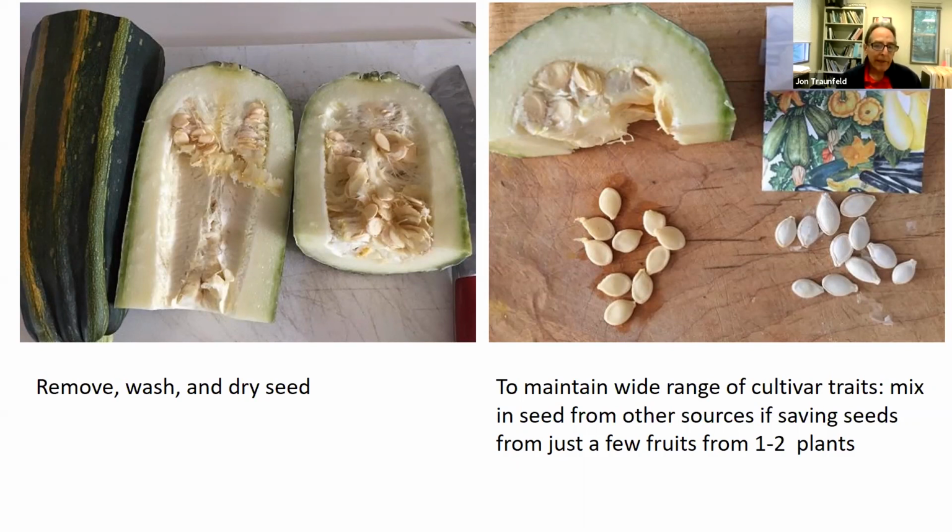So for me to save these seeds, knowing that this plant outcrosses, knowing that I've got 4 neighbors within 300 feet of my garden who also grow squash, there's no way that I'm saving these seeds. I did not protect the plant. It's the only summer squash I grew.